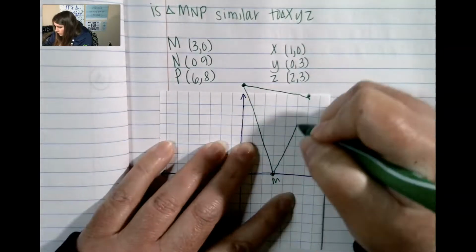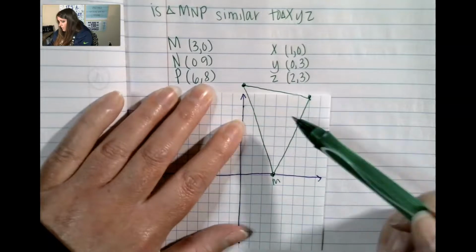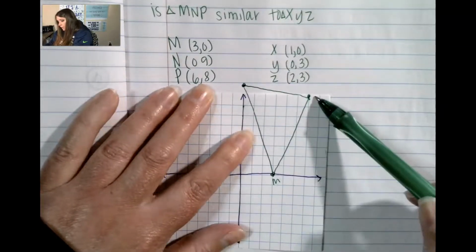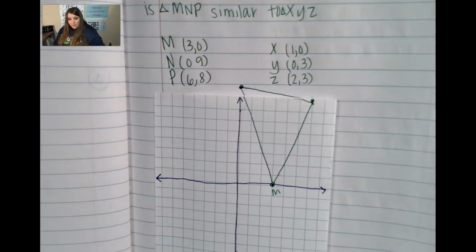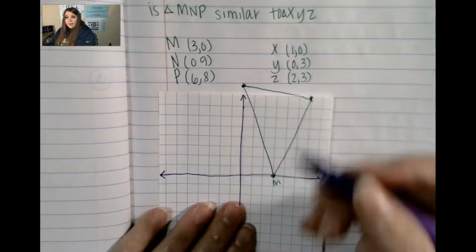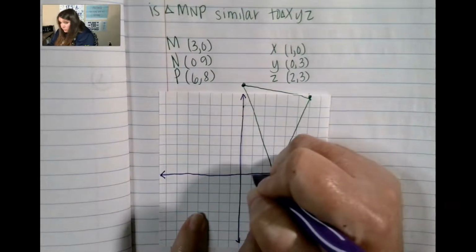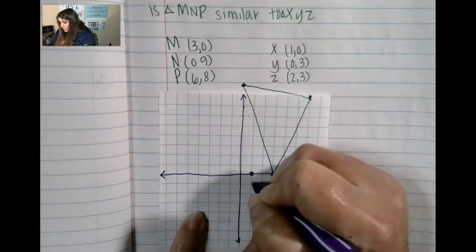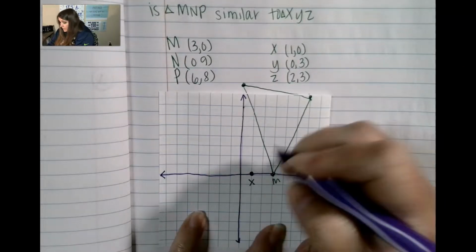My first triangle, if you notice, is kind of slanted at the top. It goes down and it goes up like this. Okay, and then triangle X, Y, Z. So X is 1, 0. Ooh, so far it looks like it could just be times 2. Let's see.